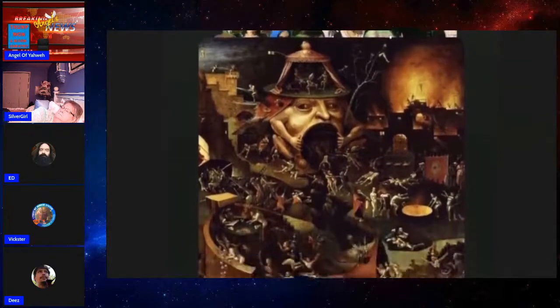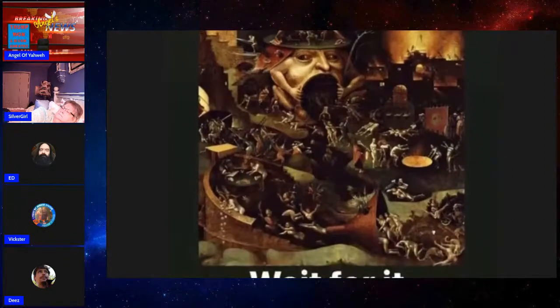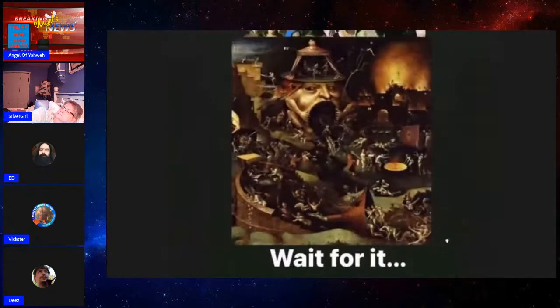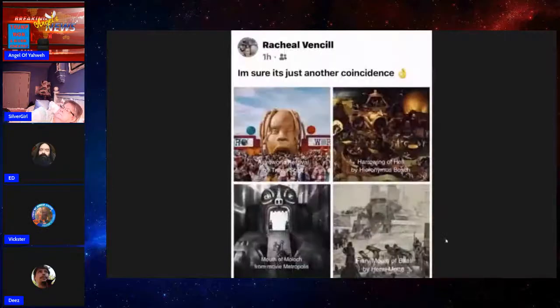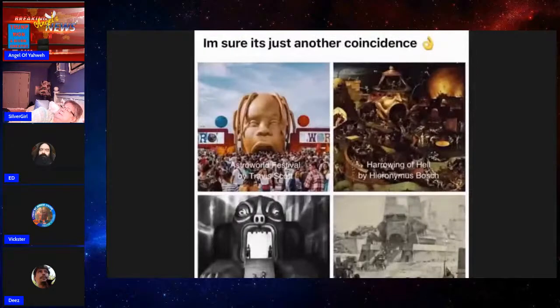See the mouth? You have to remember most of these people were wasted. Well, they say the Kardashians, they're witches. They're just evil.